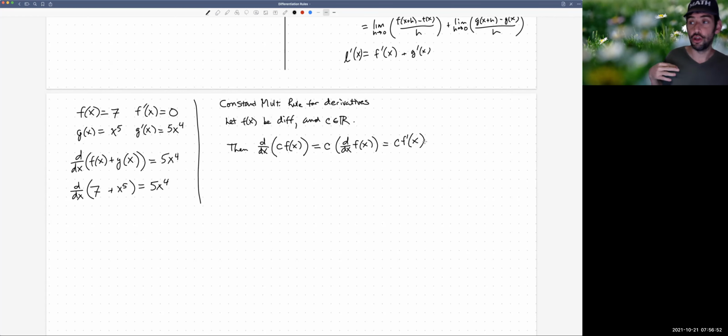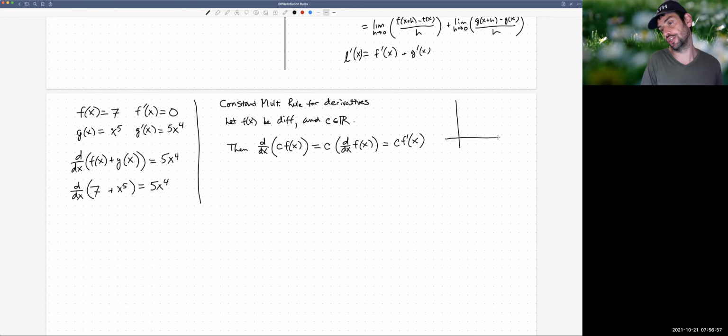Okay. So again, intuitively, let's use the slope of the tangent line for this one. If I have a function f of x, and I know the slope of its tangent line right here. Remember, the derivative gives us the slope of this tangent line. If I multiply f by a constant, let's make it a positive constant for this drawing, like, let's say I multiply it by 2, I know that each value of my function doubles.